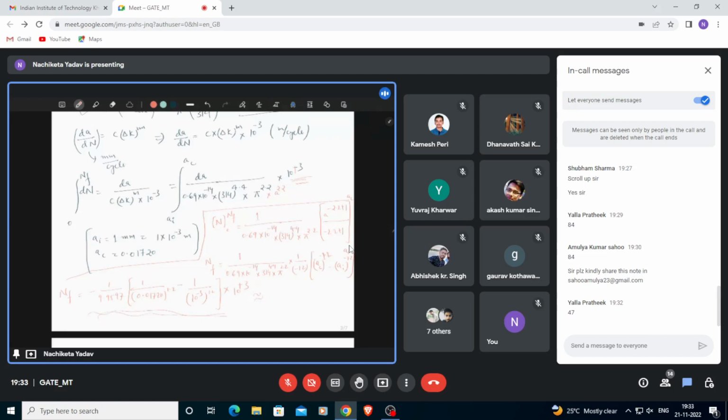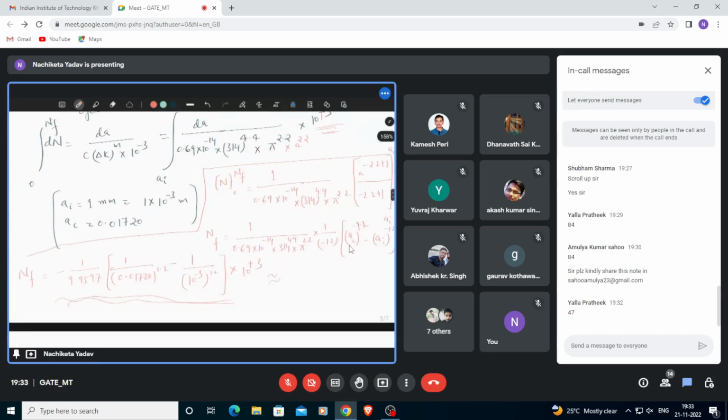It is usable, right? It will come nearly 3.86 into 10 to the power of 5 cycles.